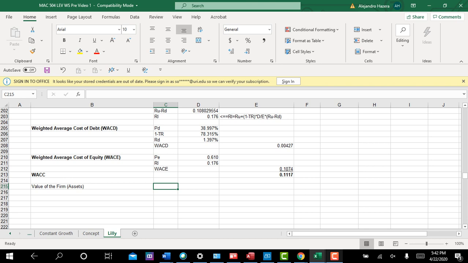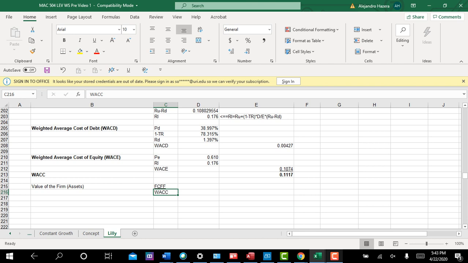And keep in mind why it's the value of assets. It's the value of assets because we're going to have free cash flow to the firm on top. And keep in mind the free cash flow to the firm is all the cash flow that is produced by a firm's assets. On the bottom, we're going to have our weighted average cost of capital. And in this equation, the denominator and numerator must match. So the free cash flow to the firm is the cash flow produced by all the firm's assets, which are equal to liabilities plus equity.